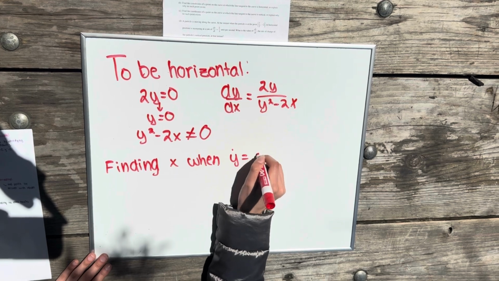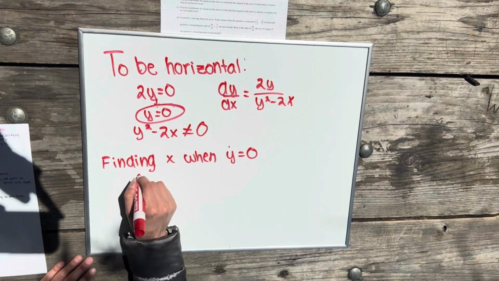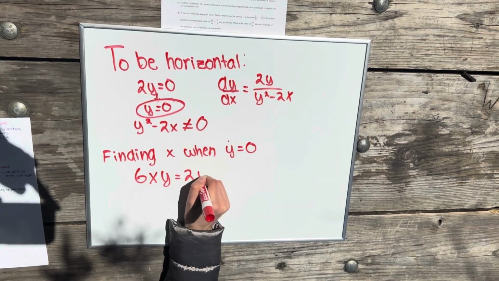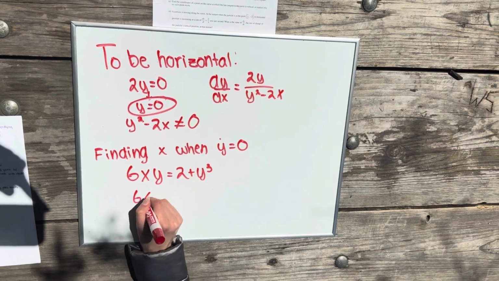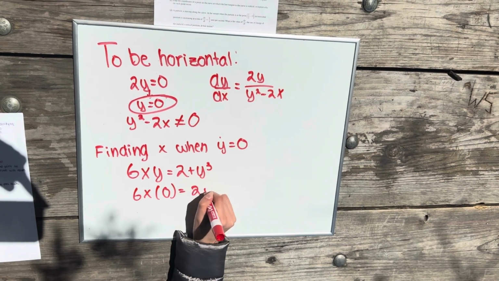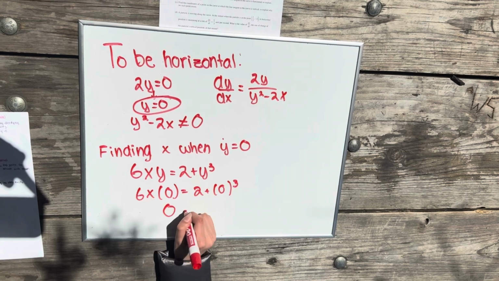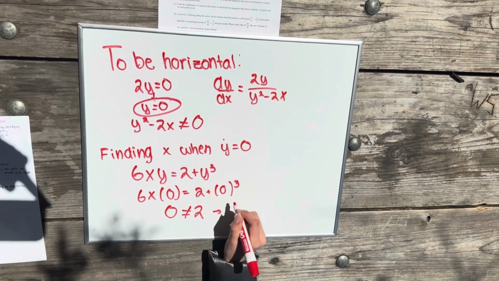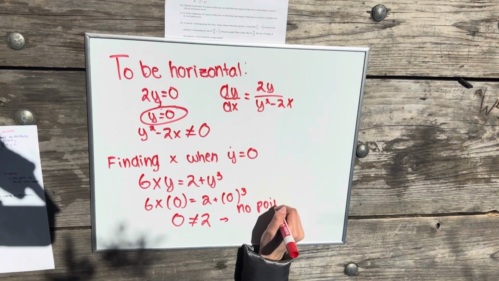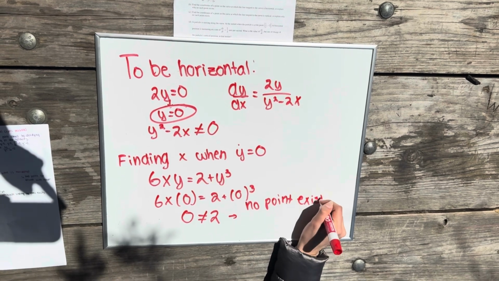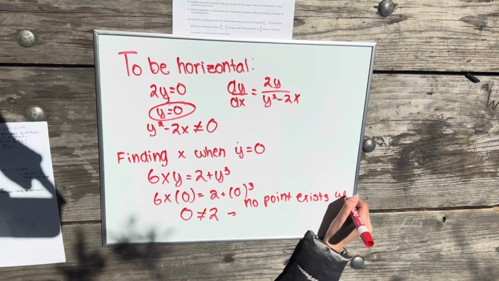To then find x when y equals 0, you simply plug the 0 into 6xy equals 2 plus y cubed, but then find out that 0 is not equal to 2, meaning that no point exists where the line tangent to the curve is horizontal.